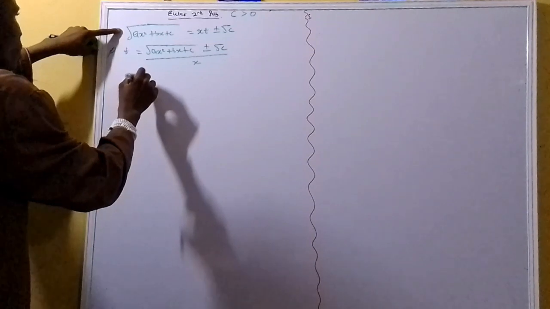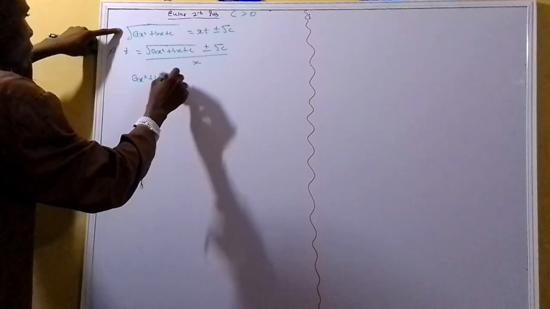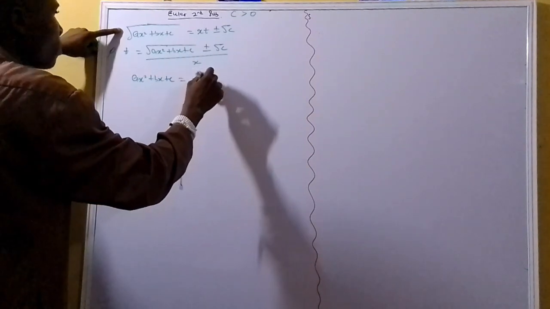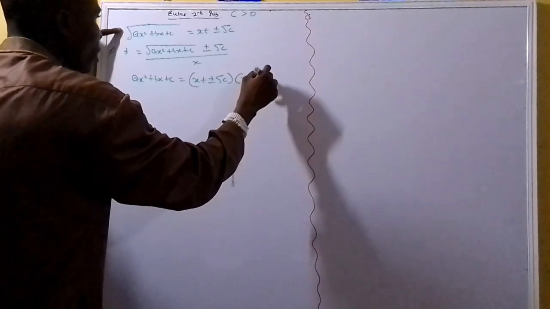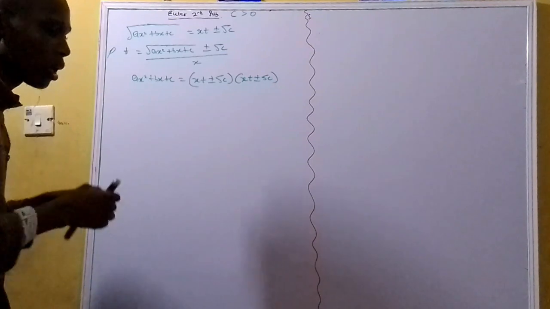You'll have ax squared plus bx plus c equals xt plus or minus root c, and xt plus or minus root c. Are you with me?